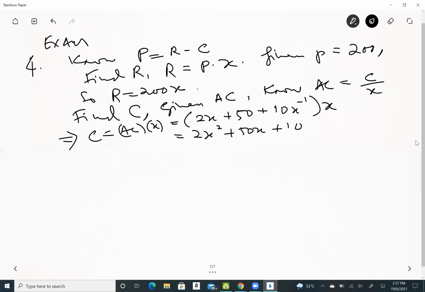Okay, so now what do I get? I get the profit. So profit is equal to revenue minus cost, that is equal to 200x minus. So now first we have to show the bracket. Some people, they just give me the expression. So how do you get the expression? In order for you to get the expression, you have to come up with this first.